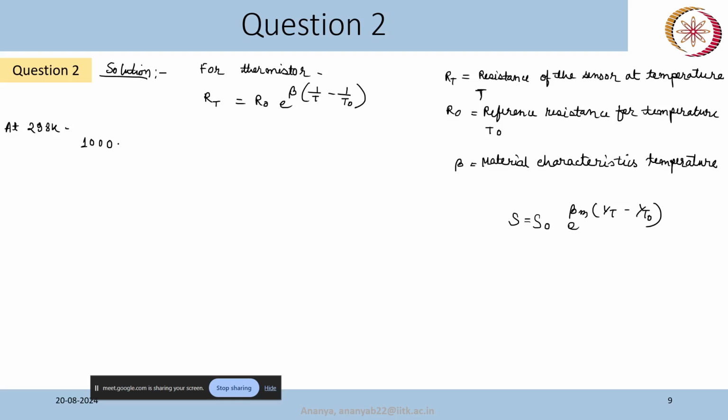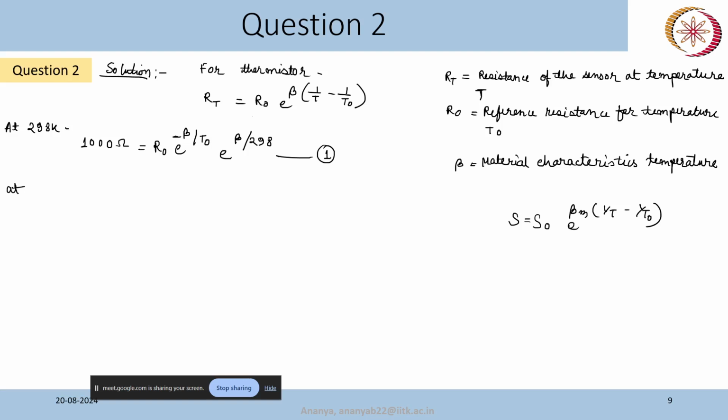I am writing everything in ohm, and let's keep this part the same: R naught exponential minus beta by T naught and exponential beta by T, and our T is 298 Kelvin. So this is our first expression.